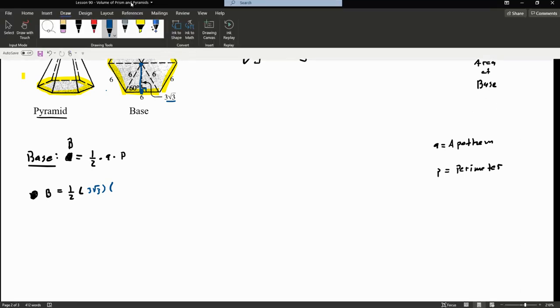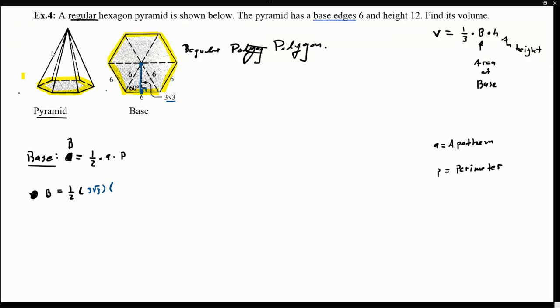Now, what is the perimeter? Well, in this case, notice that all sides are 6, so 6, 6, 6. Therefore, all the sides are equivalent to 6. So the perimeter is going to be 6 plus 6 plus 6 plus 6 plus 6 plus 6. And if we add them up, that's equivalent to just 36.